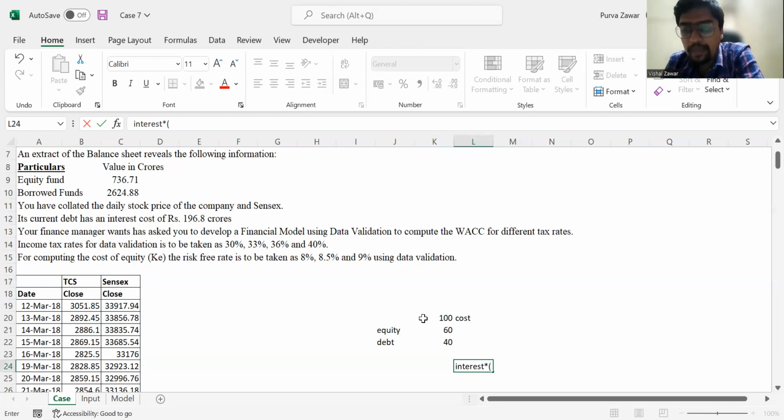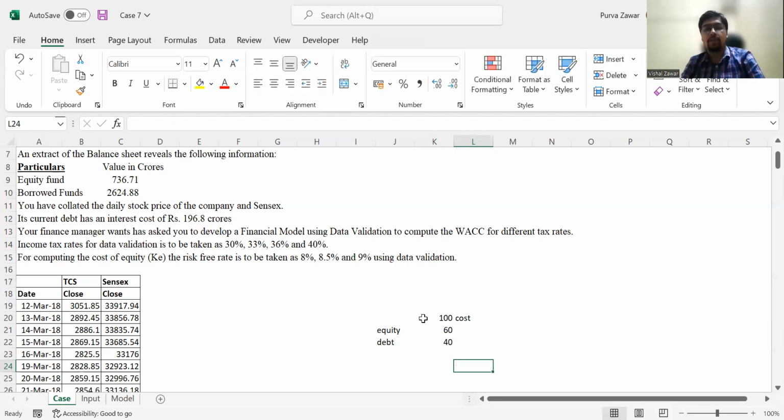So that is allowed as a reduction from your income. If I'm paying 10 rupees of interest, I'm assuming a 30% tax bracket, so this 10 rupees of interest allows 30% of 10 rupees to be saved as tax savings. So the net cost incurred is 70% of that 10.